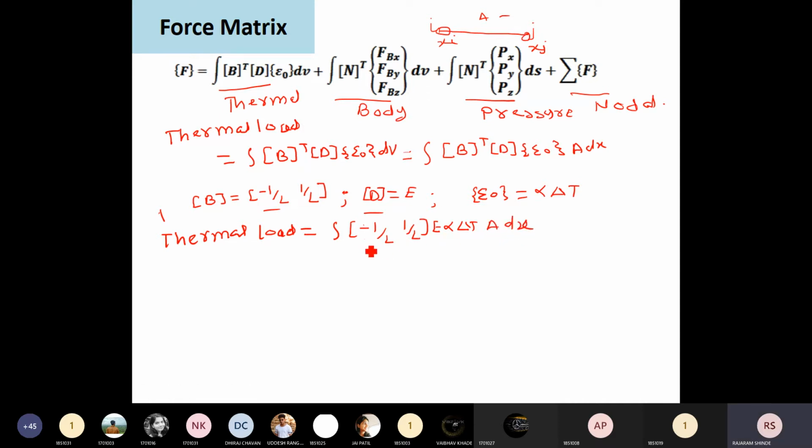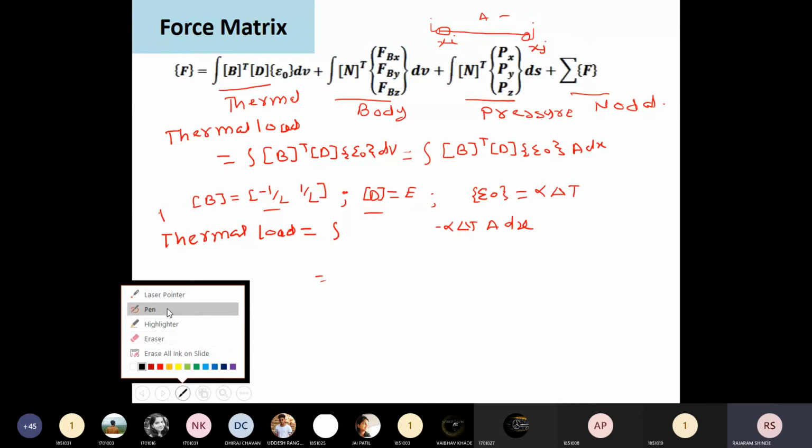Now see here, all these terms are constant. We can take minus 1 by L from this. There is B transpose, we missed it. This term is B transpose, so it is not a row matrix. It is a column matrix.